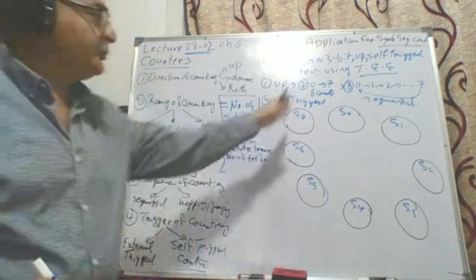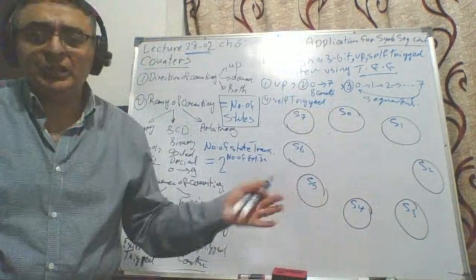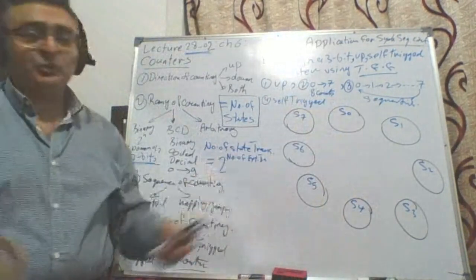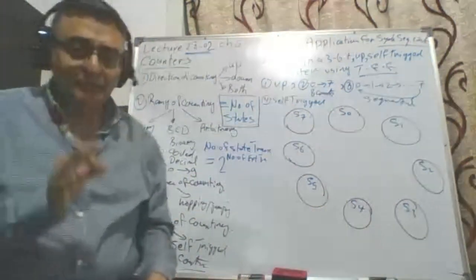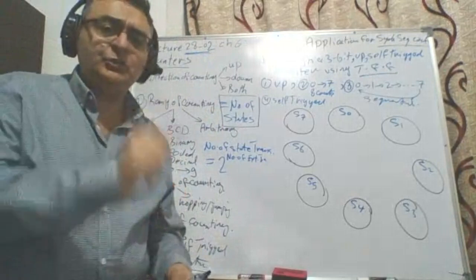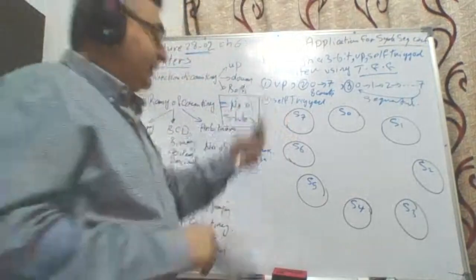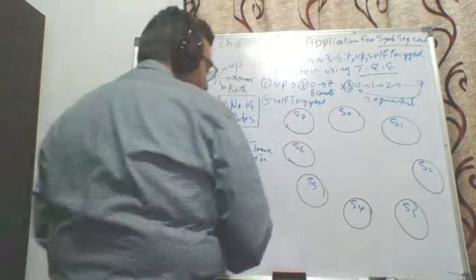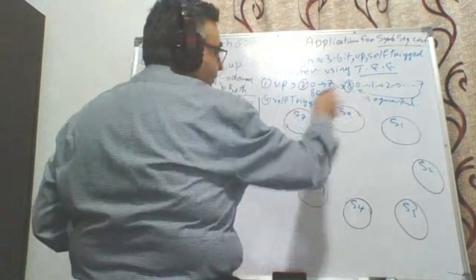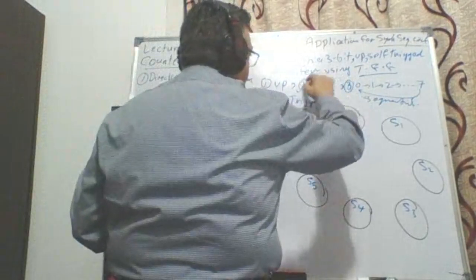How many external inputs do you have here? 0. There are no external inputs. 2 to the power 0 is 1. That means I have only one arrow going from each state to the next. Now I will use the answer of the second question, which gives me the number of states.